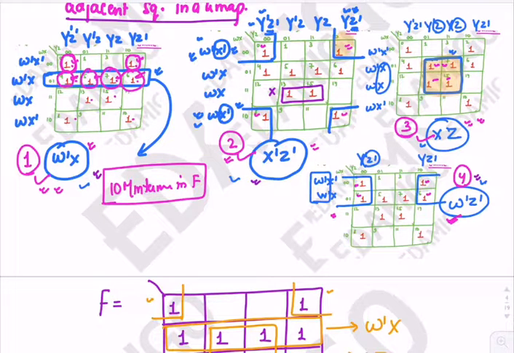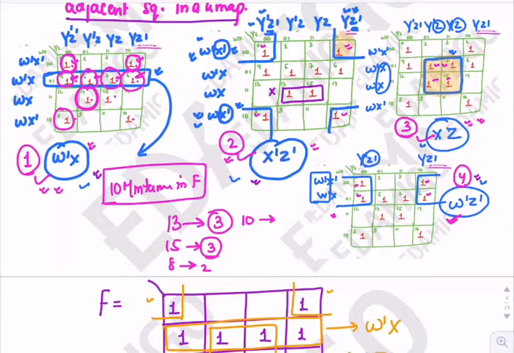the fourth prime implicant. This 13 is covered by only the third prime implicant. Similarly, 15 is covered by only the third prime implicant. Similarly, if you look at 8, 8 is covered by only the second prime implicant, and similarly 10 is covered by only the second prime implicant.